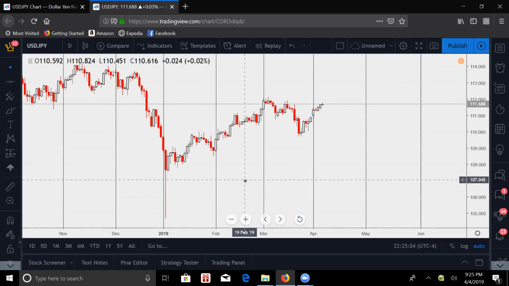So this is the dollar yen, which for me is the one that moves pretty well in my opinion. I mean, they all move well, but this one just moves pretty smoothly.